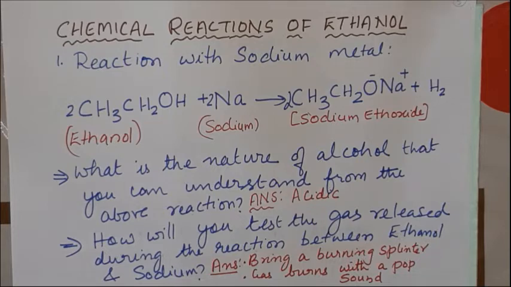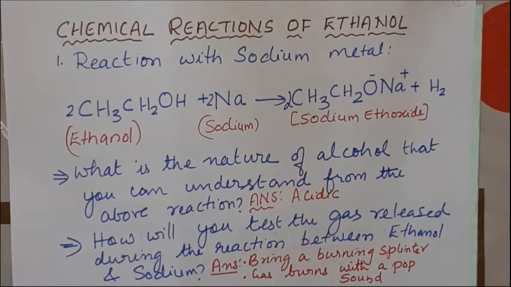Just bring a burning splinter near the mouth of the test tube in which the reaction is conducted. If you hear a pop sound, the gas released is hydrogen. This is how we test the gas evolved when the reaction between ethanol and sodium takes place.